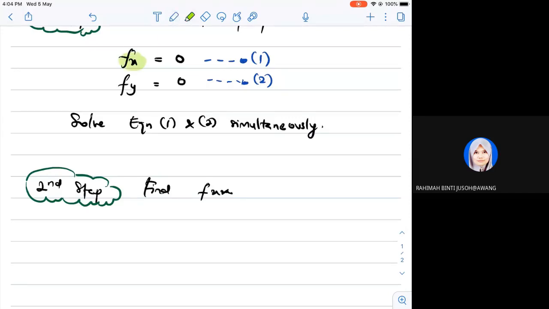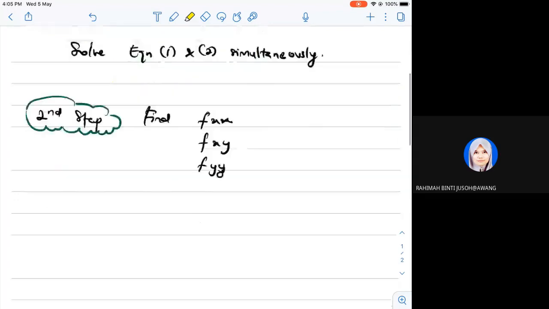So you will get fxx. And then you also need to find fxy. After that, you need to find fyy. So for fyy, you differentiate fy again with respect to y. So you will get fyy. Okay, so that is the second step.